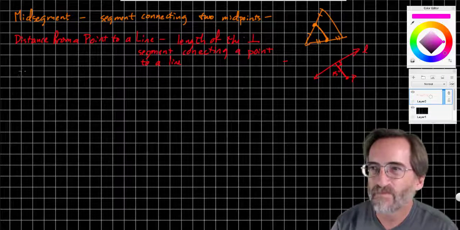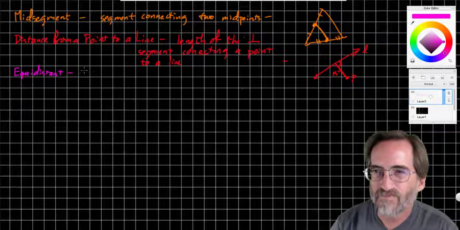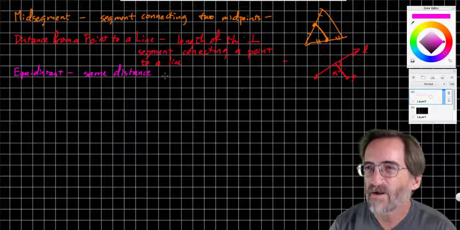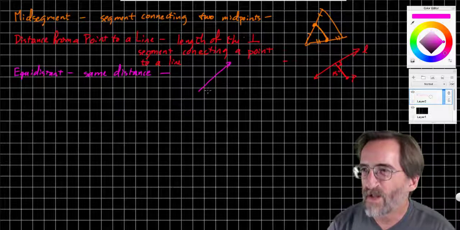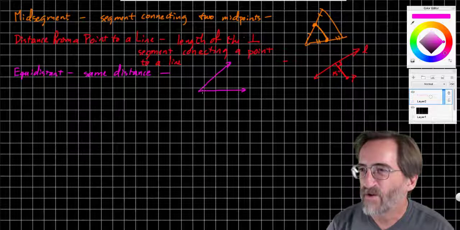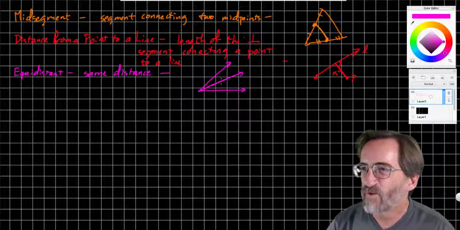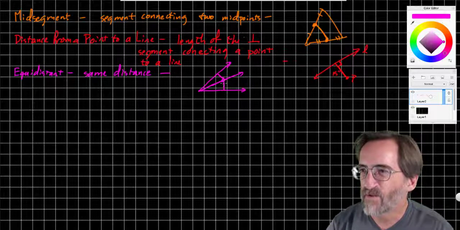Equidistant. Same distance. An example from this unit: if I draw an angle bisector, every point on the angle bisector is equidistant from the sides of the angle.